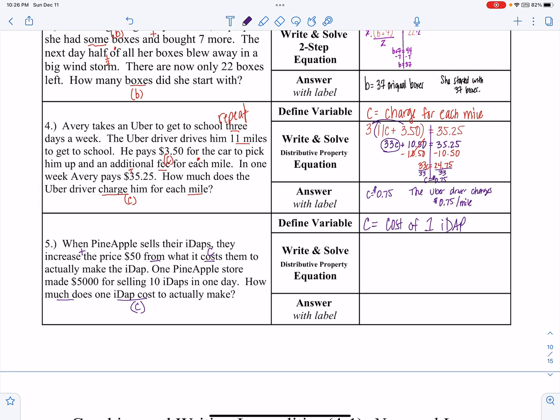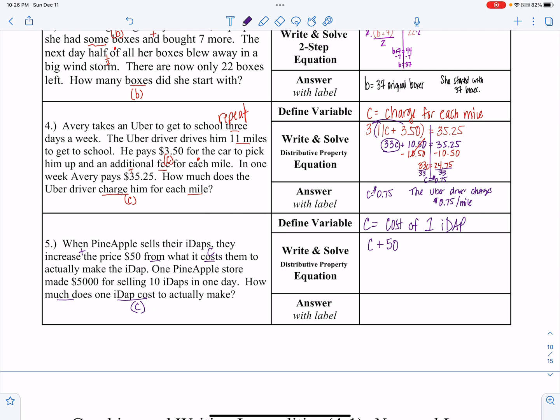Okay, and so at this point I have C, and from is actually sort of a switch word. It's interesting because this is addition. But anyway, I could do 50 plus C or C plus 50. It doesn't matter. I'm going to do the cost and then increase it 50 from that cost, just to utilize that language correctly.